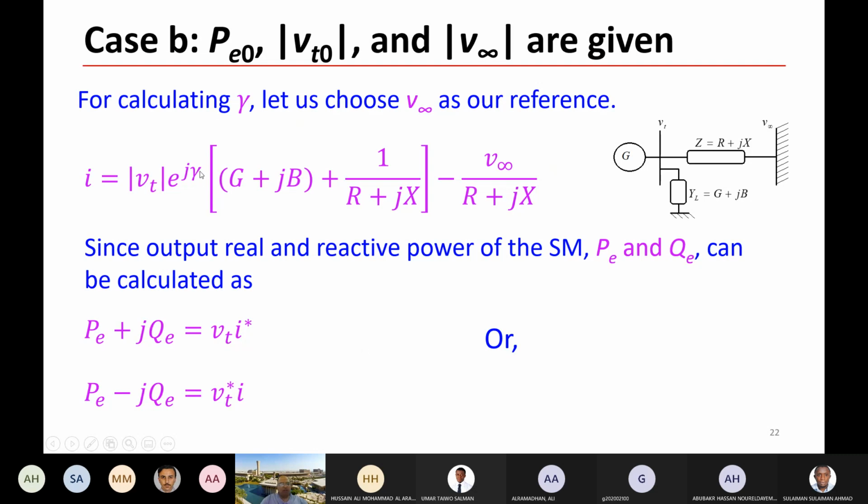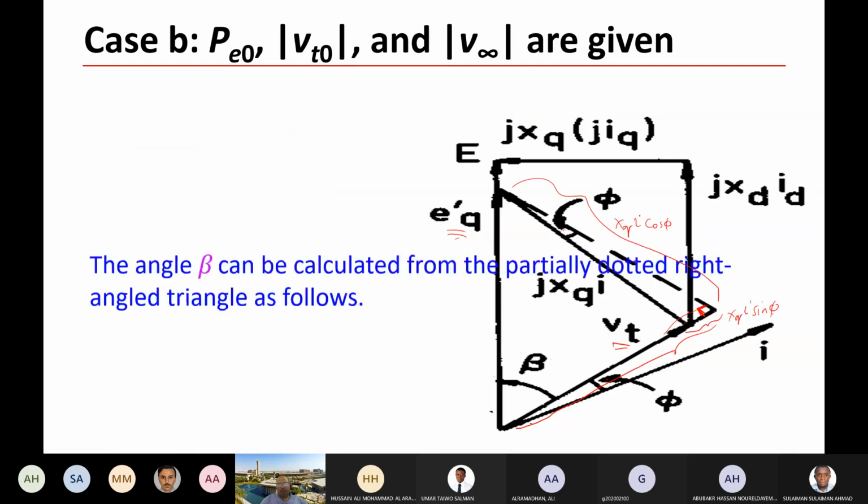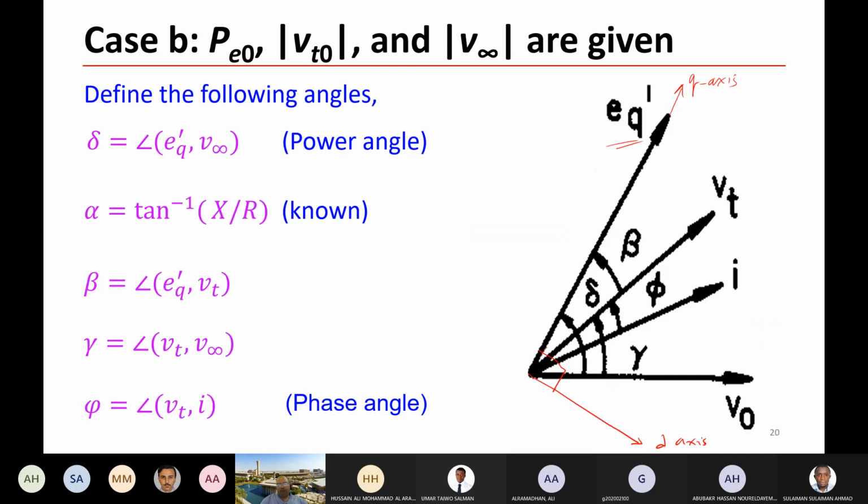Terminal voltage angle is gamma, or current angle with respect to the Q axis is equal to beta plus phi. So you have this here, beta plus phi. This is the current with respect to the quadrature axis. Okay?